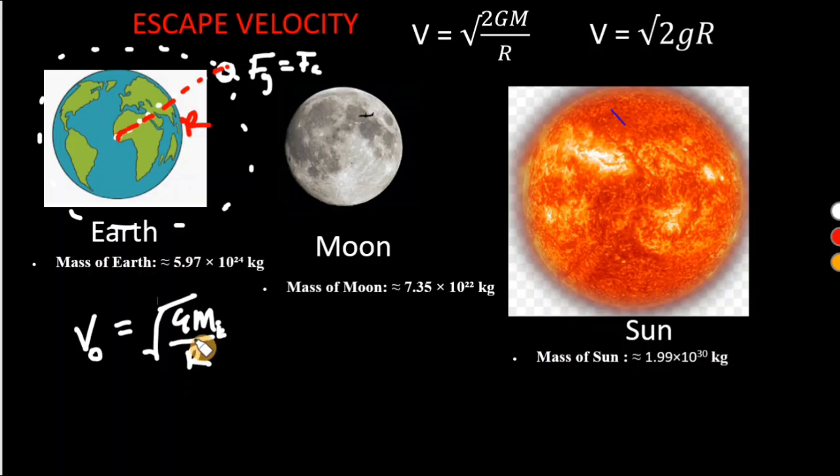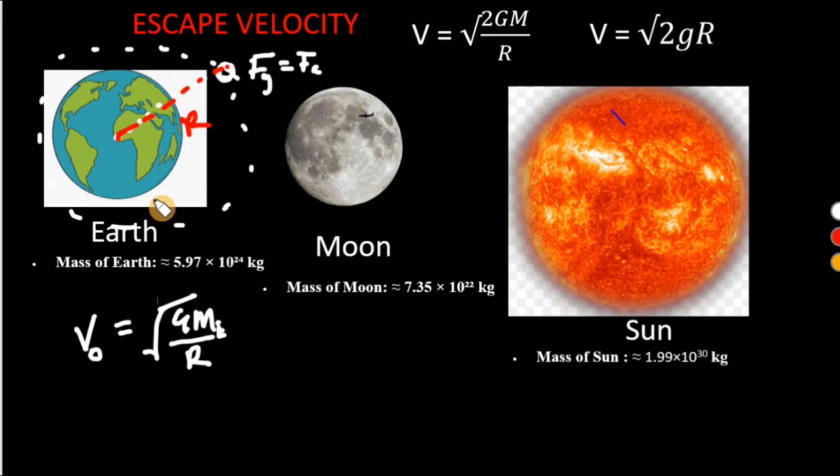The higher the radius, the smaller the velocity with which this object revolves around the Earth.